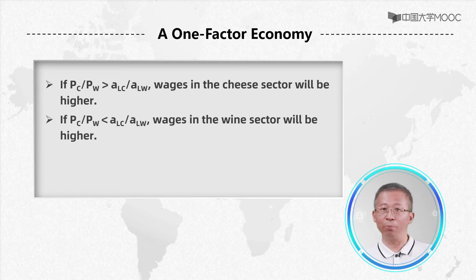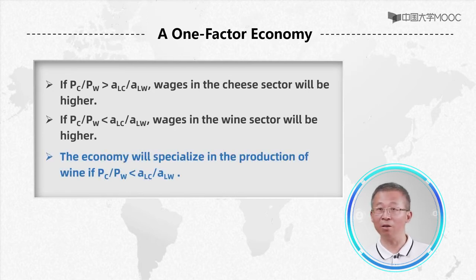As rational people, each worker will want to work in whichever sector offers the higher wage. The economy will specialize in the production of wine if PC over PW is less than aLC over aLW.